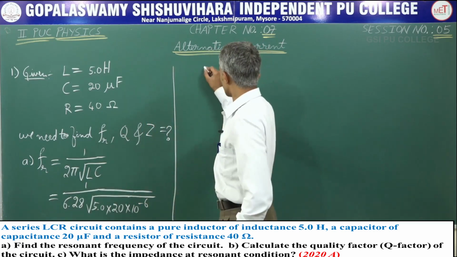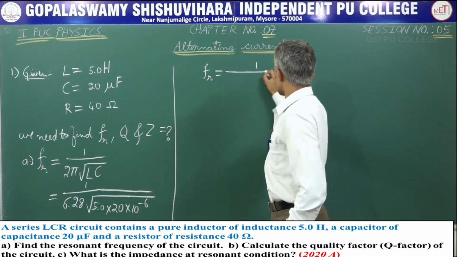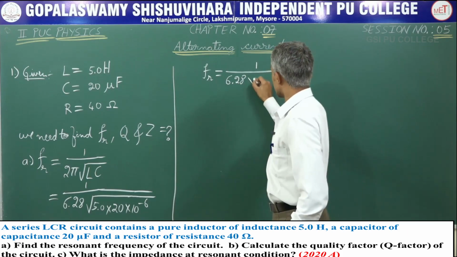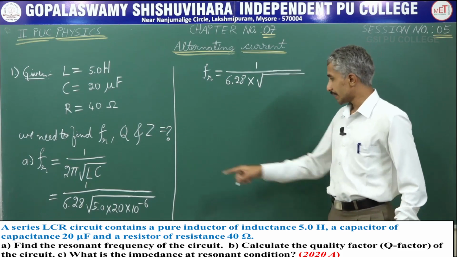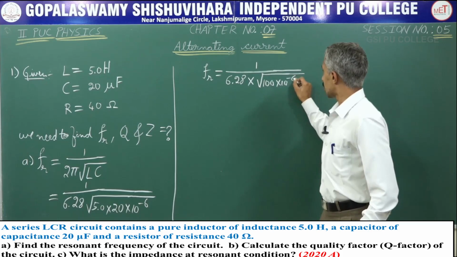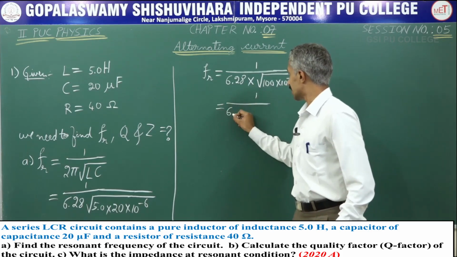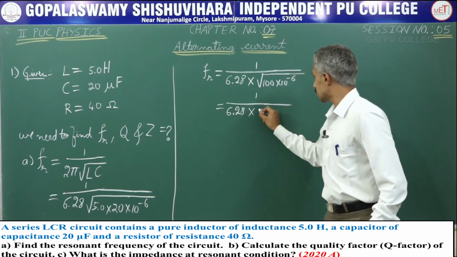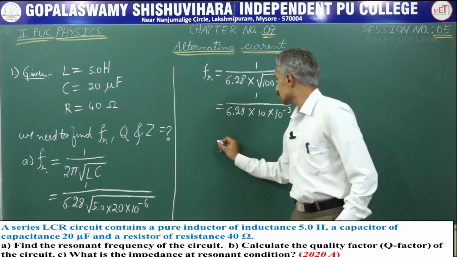On solving it further, I will get this as 1 divided by 6.28 into root of 5 into 20 is 100, so 100 into 10 to power minus 6. I am going to get this as 1 divided by 6.28, root 100 is 10, root of 10 to power minus 6 is 10 to power minus 3.